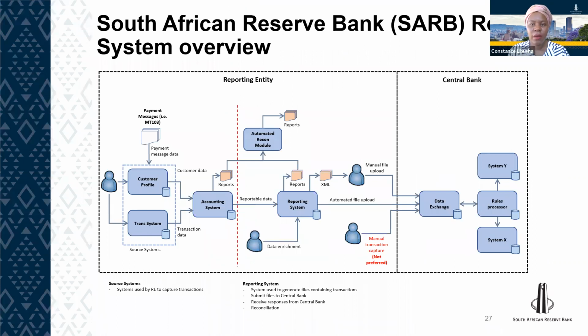So in the SARB, or South African Reserve Bank, we investigated for quite a while, as we started by using paper-based systems. But in 2001, we launched our very first reporting system, which was followed by an improvement of that, which is BOPCUS 2 and BOPCUS.